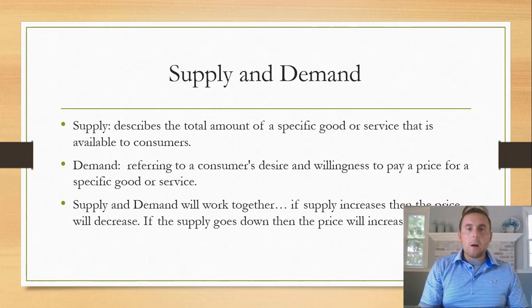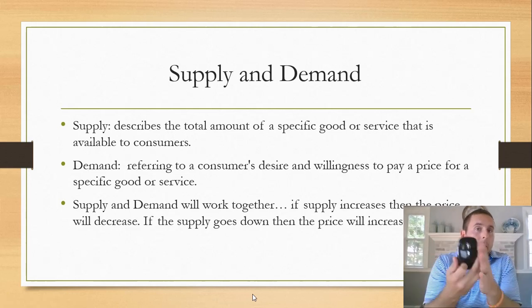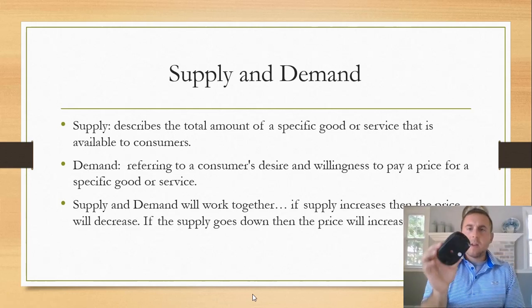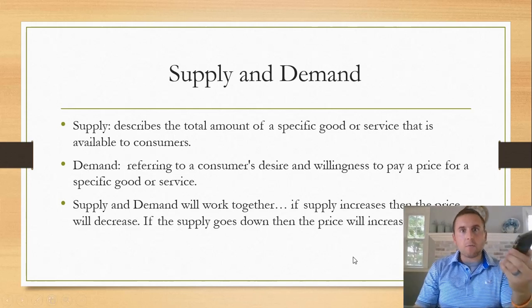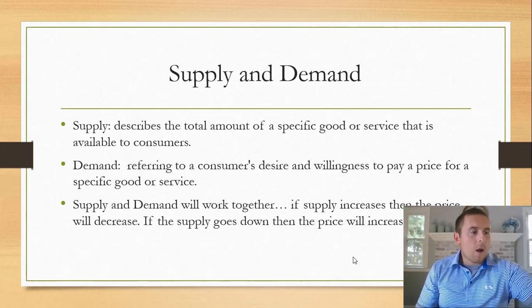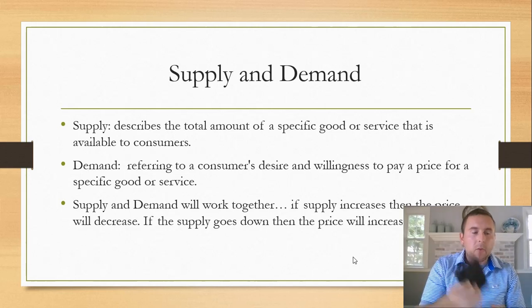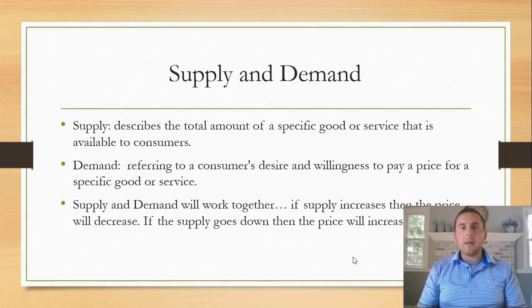Our supply is how many mice do you have in your supply, or how many iPhones do we have, or how many wallets do we have? That's our supply. And then we have our demand, referring to a customer's desire and willingness to pay a price for the specific good or service.